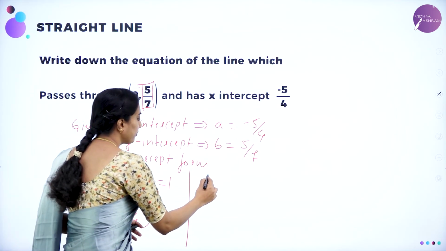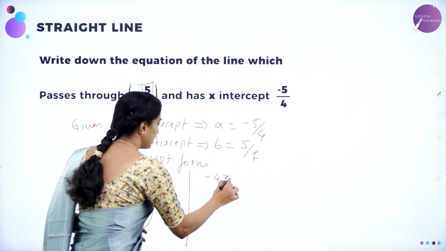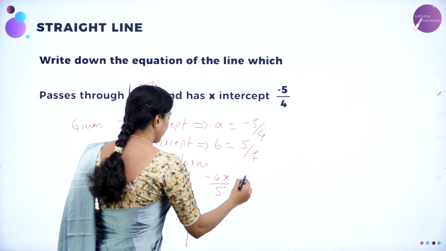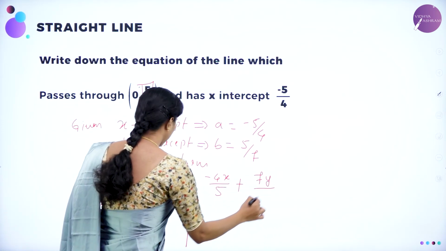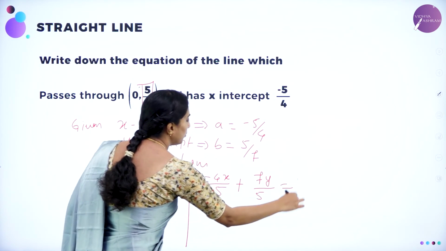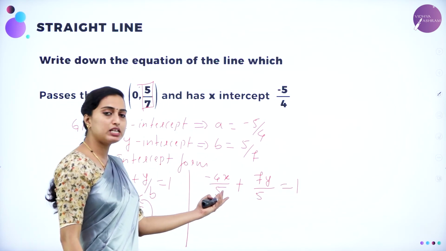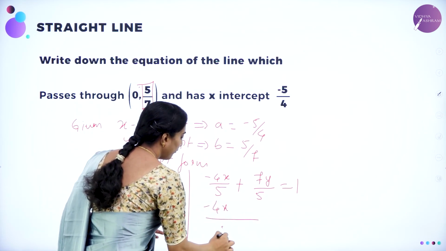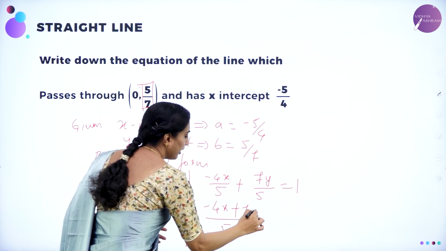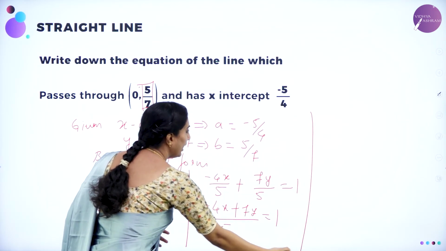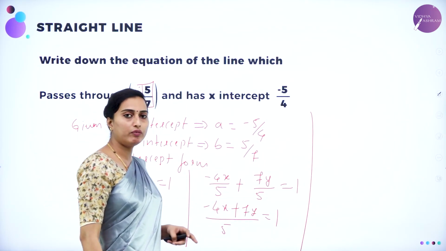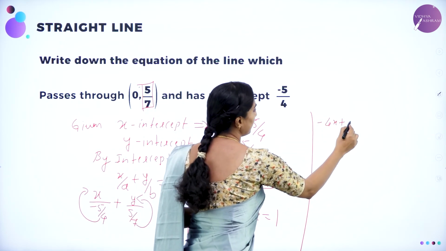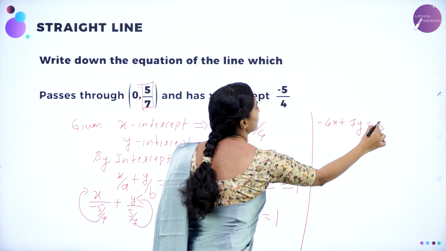So therefore, minus 4x by 5 plus 7y divided by 5 is equal to 1. You can take the LCM as 5 here. It will be minus 4x plus 7y is equal to 1 times 5. Otherwise, you can cross multiply 5 to that side. It will become minus 4x plus 7y, 5 into 1 is 5 only.